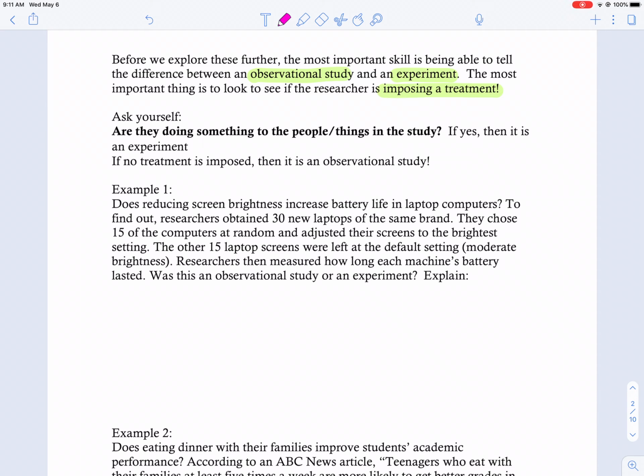So what are you guys thinking? Was their treatment imposed? Yeah, right? What happened? They adjusted their screens to the brightness setting. Okay, they took it and adjusted, and the other one just had moderate brightness. They left it at a default setting. So this is no doubt an experiment.